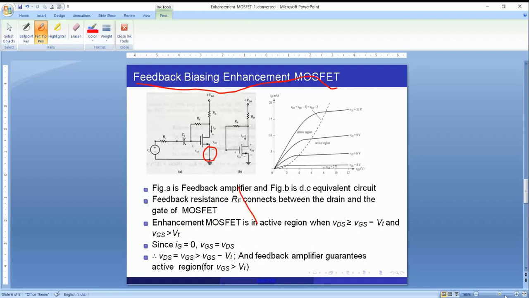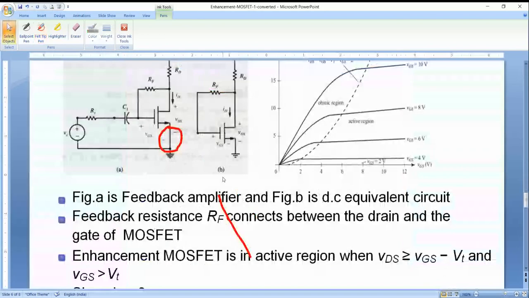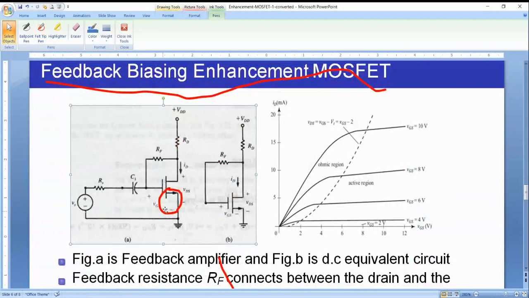In this, there is a feedback resistance connected between the drain and the gate. This is called a feedback resistance. Therefore, this circuit is called a feedback biasing of enhancement MOSFET.